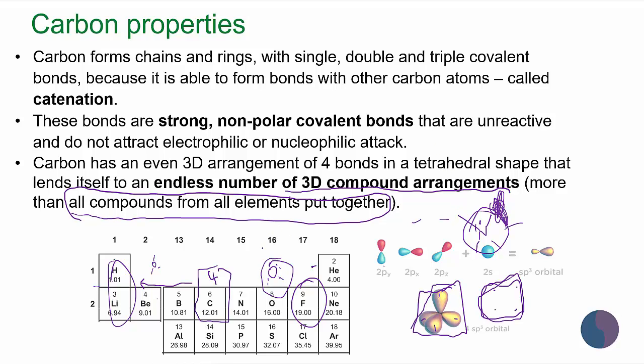Apart from that, it's also in the middle, so it doesn't really want to gain or lose 4 electrons. And so have a polar bond. So it has these very strong non-polar covalent bonds that are not open to electrophilic or nucleophilic attack.